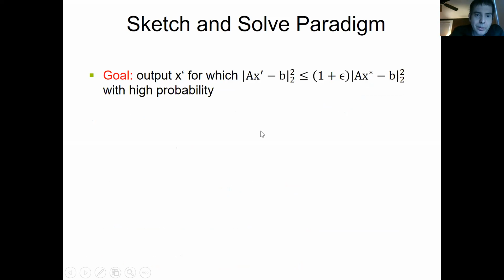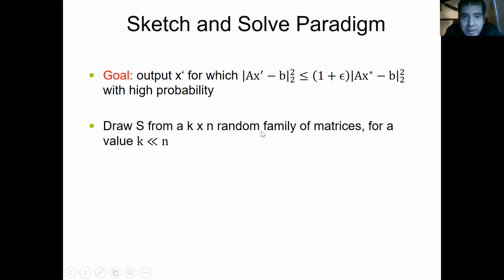Okay, so here is what I'm calling the sketch and solve paradigm. So the way to solve this is, let's think of A here as being a very tall and thin matrix. Okay, so it's n by d. N is much larger than d. This is the over-constrained case.